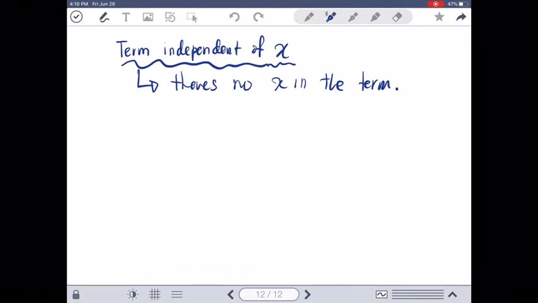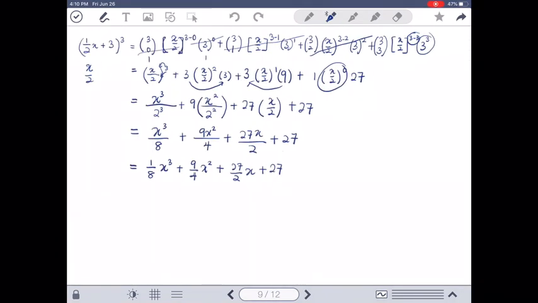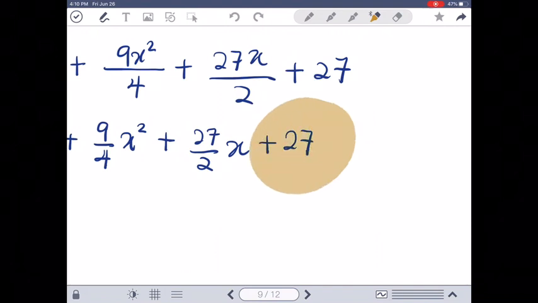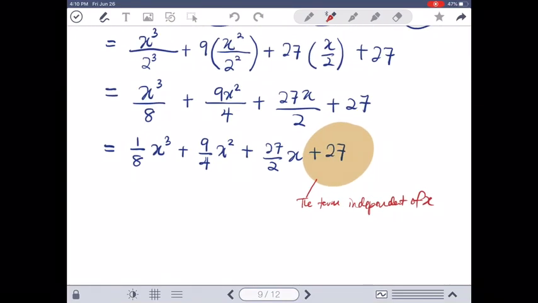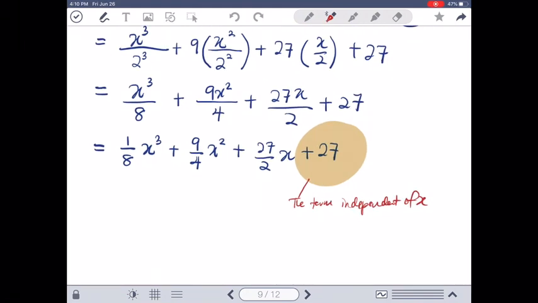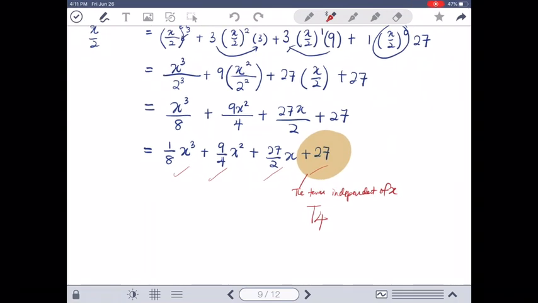So if we look at the previous example, notice that in this expression, 27 is the term independent of x, because it doesn't have any x. It's the first, second, third, fourth term, the last term. T4 is the term independent of x.